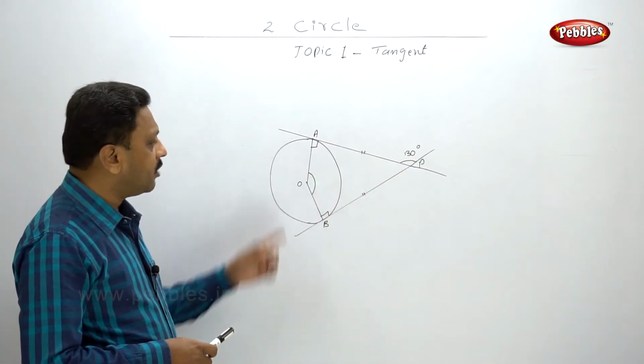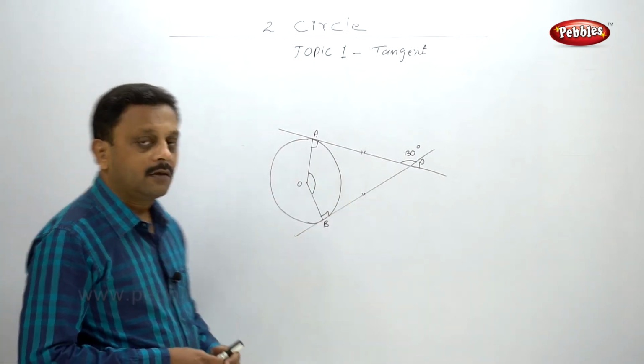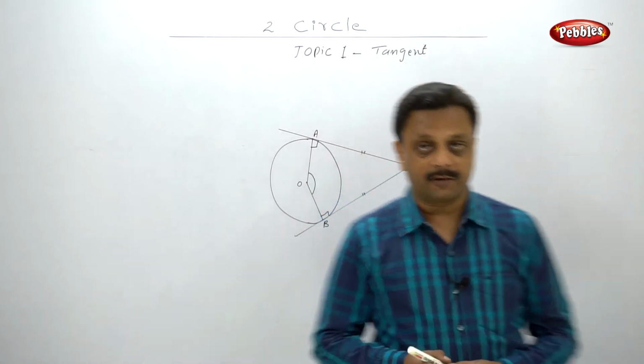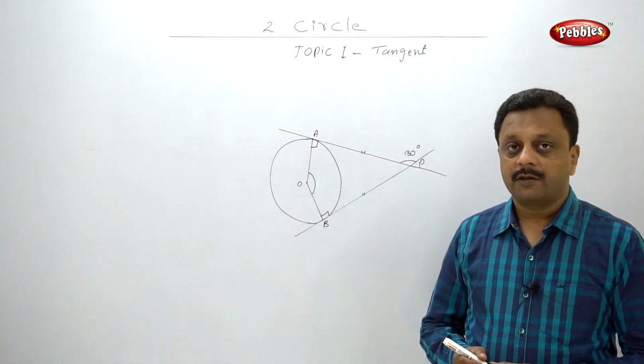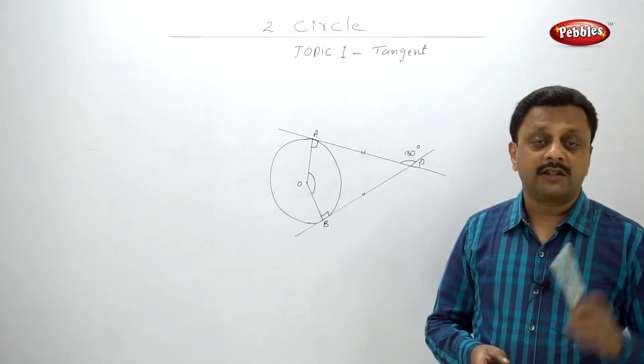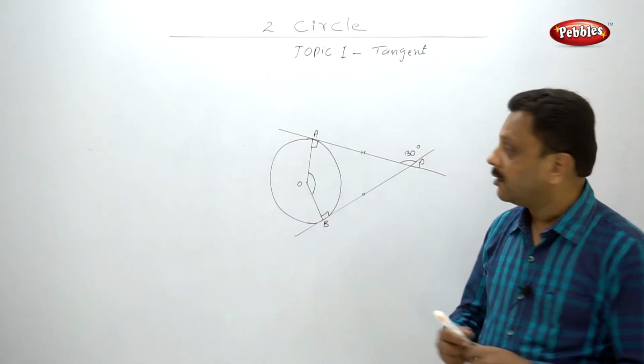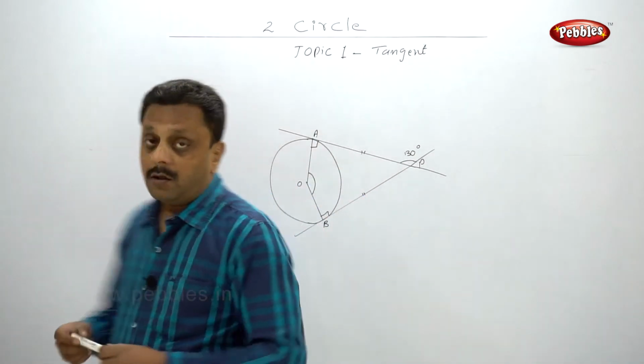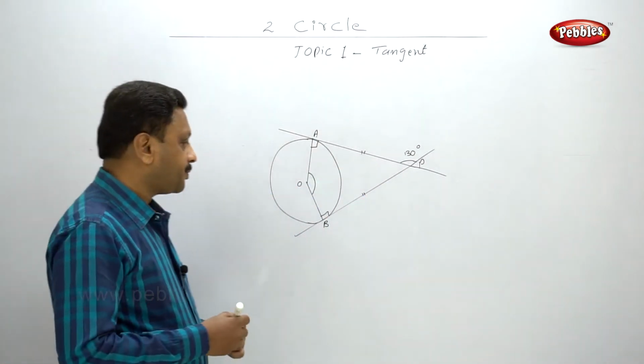Now can you say this is a quadrilateral AOBP? AOBP is a quadrilateral. Correct? And we know that the sum of all the angles of a quadrilateral is 360 degrees. One more thing I want to tell you.